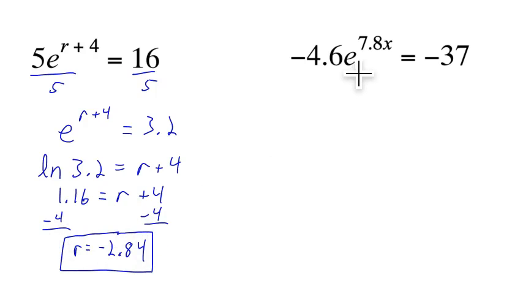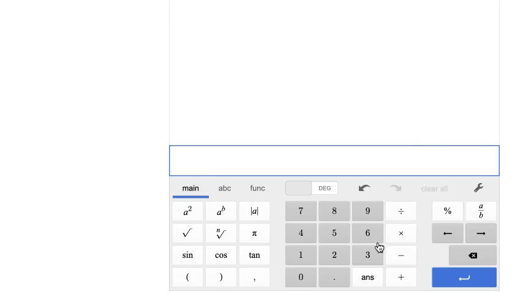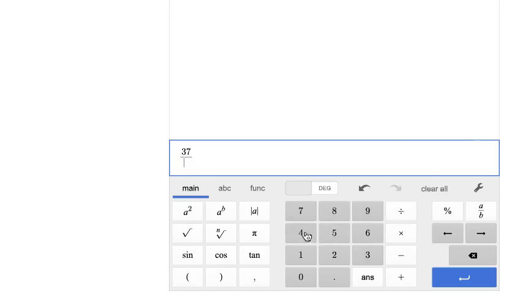Right here we will get the e by itself. 37 divided by 4.6. I'm going to use lots of decimal places here, so 8.0435.